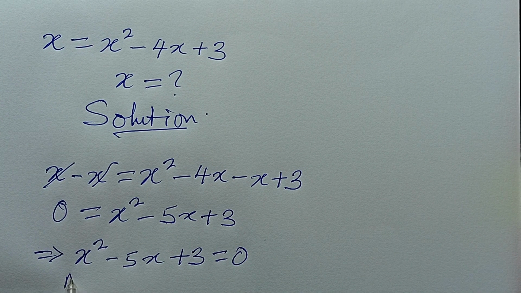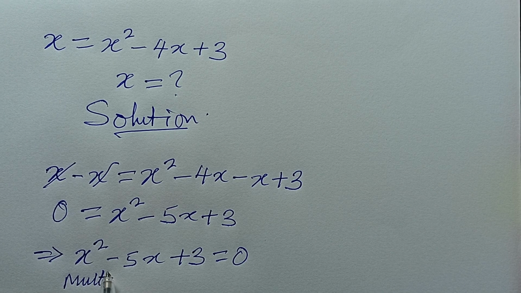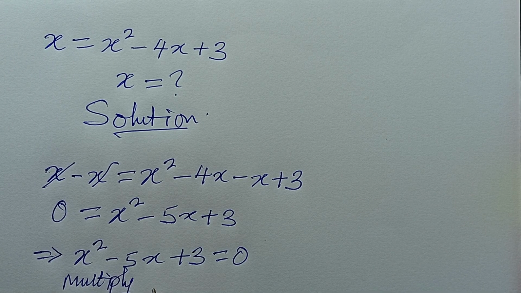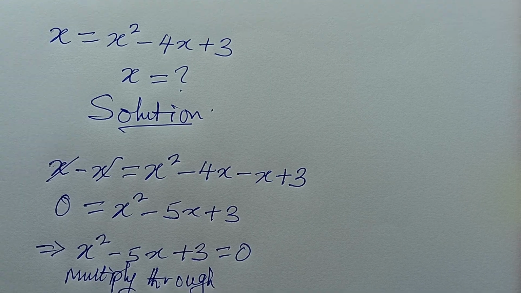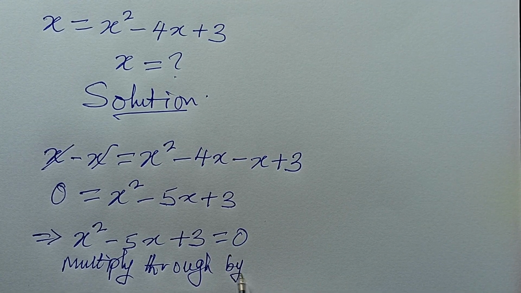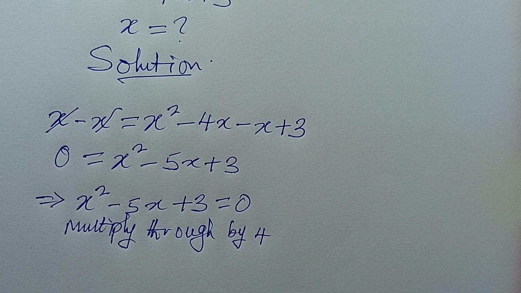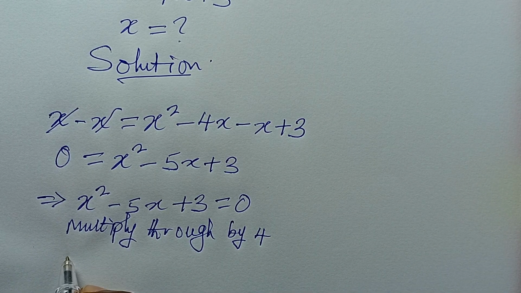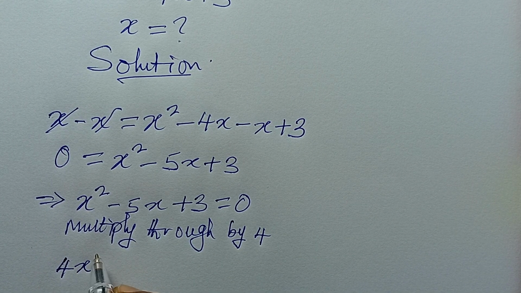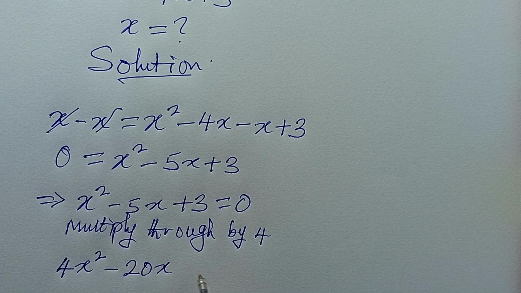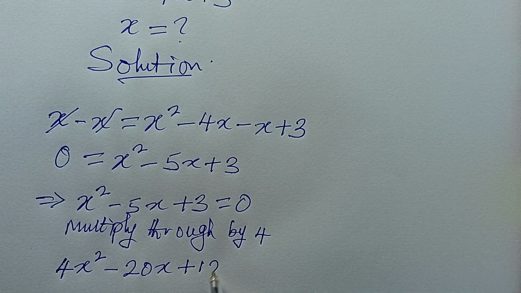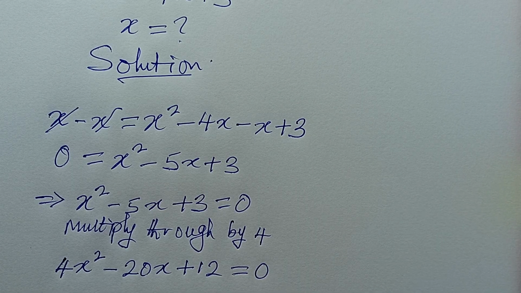Multiply through by 4. So if you multiply everything by 4, we're going to end up having 4x to the power of 2 minus 20x plus 12 equal to 0.